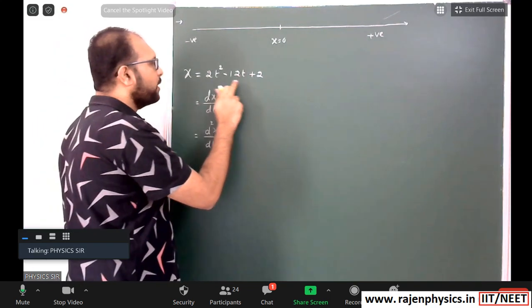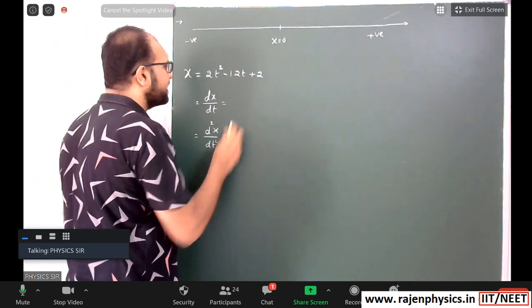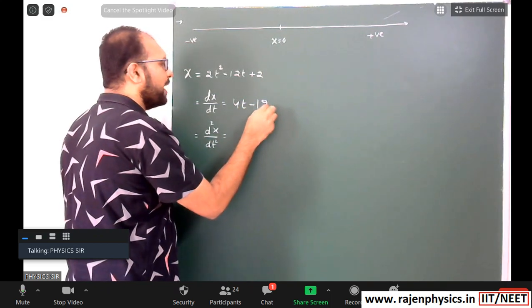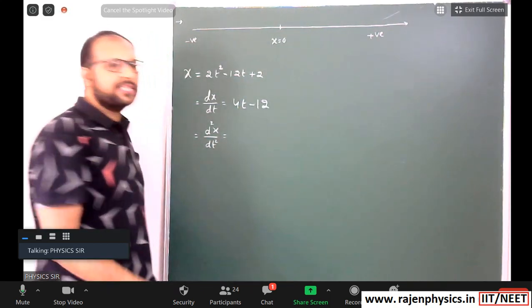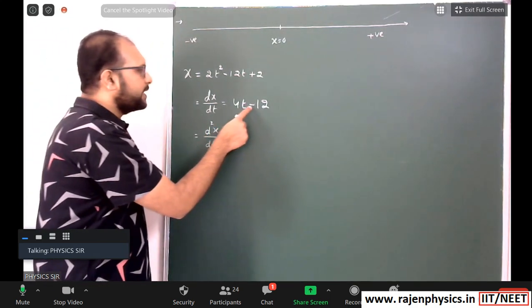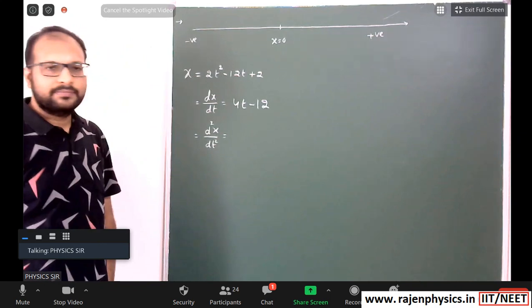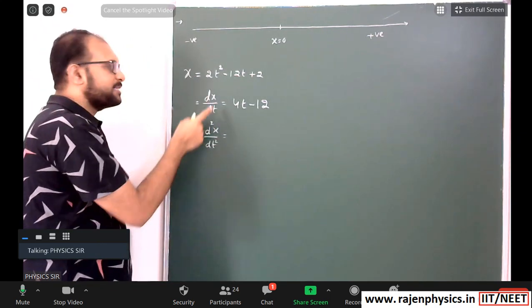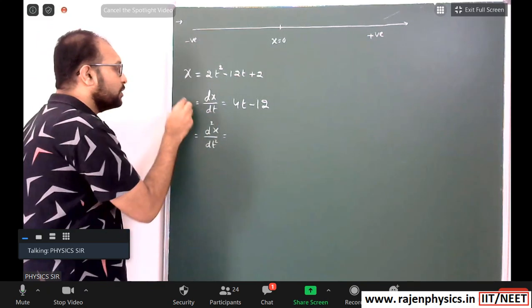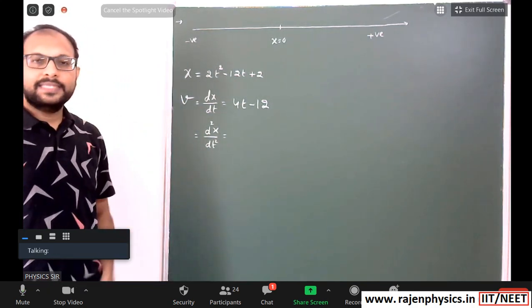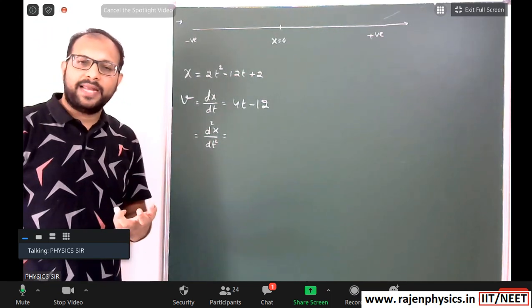Now the derivative of x with respect to t. Here I am differentiating 2t square minus 12t plus 2, that is 4t minus 12, and plus 0 is not required because the derivative of 2 is 0. So 4t minus 12. Students, the one time derivative of position with respect to time is known as velocity.